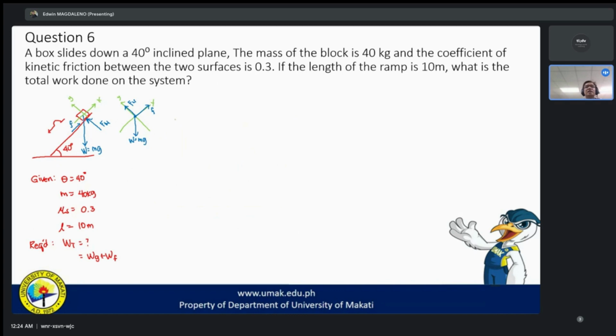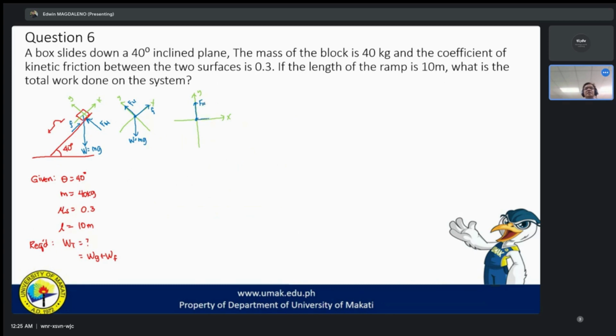So itayo natin si Cartesian plane. Ito si y, ito si x. So ito si normal force. Once again, upright na siya.